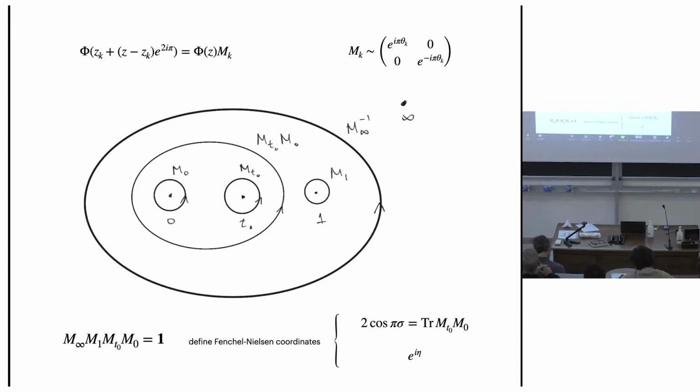For instance, you construct the solution from 0, and you go around the singular point at t0. Then generically you have to change the basis to write the solution that you have at 0 in a basis where the monodromy property at t0 is diagonal. And if you do that, you get a non-trivial matrix.